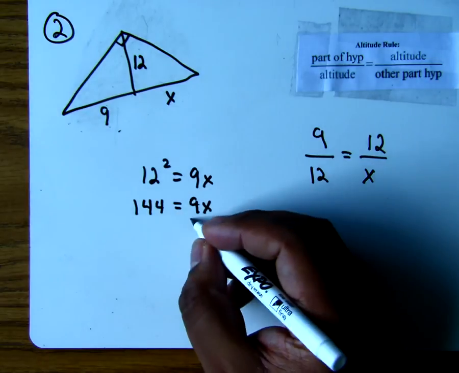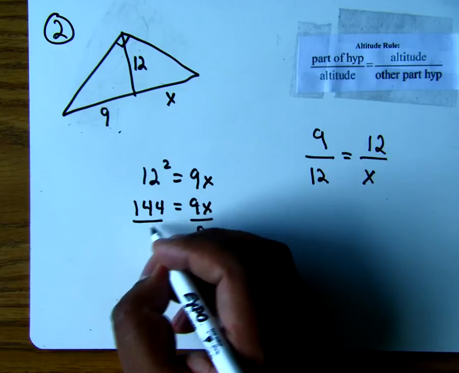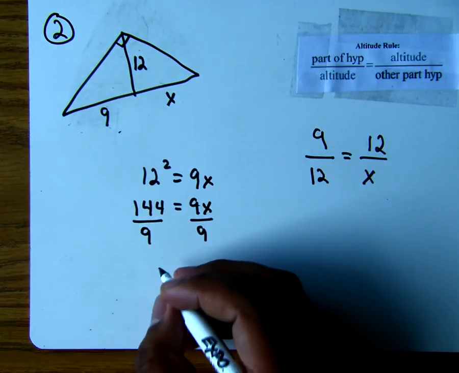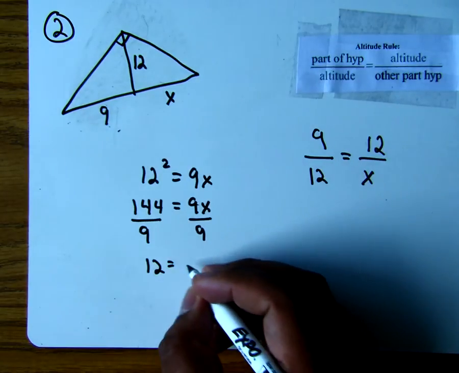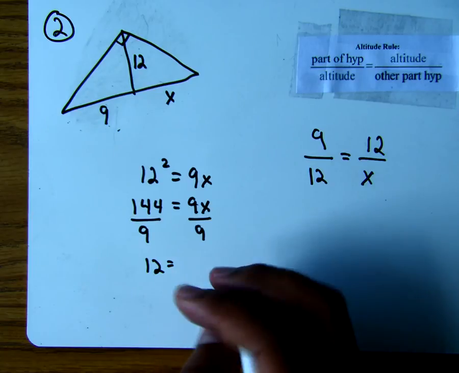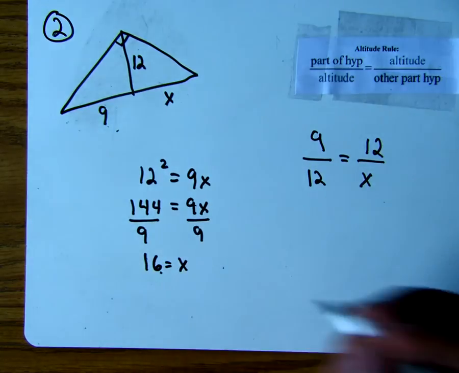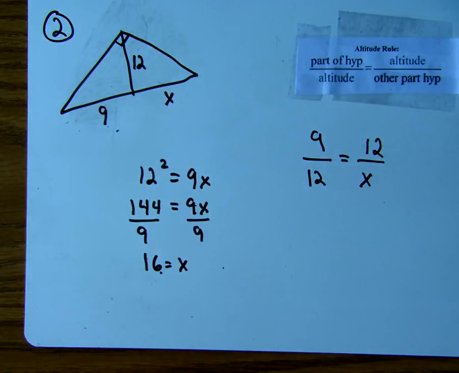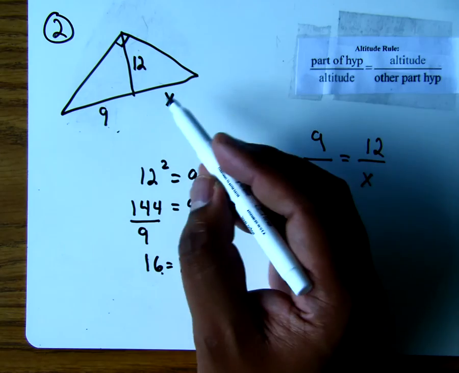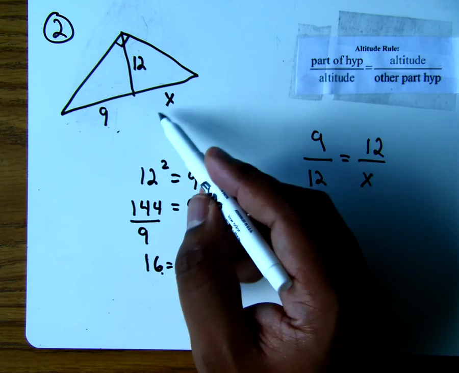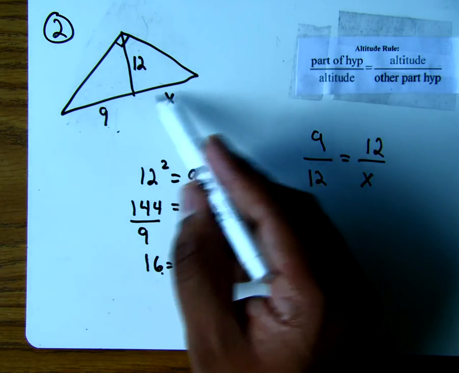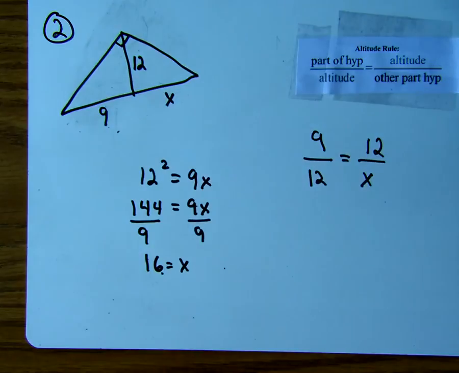And then we're going to divide by 9 and get 16 is equal to x. That seems to make sense here. Maybe not on my drawing, but this piece here is 16.